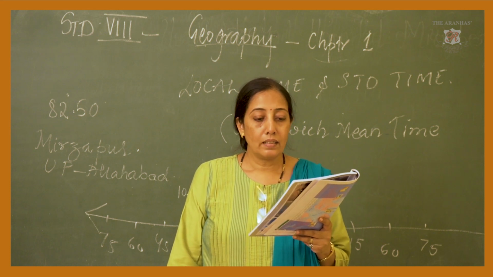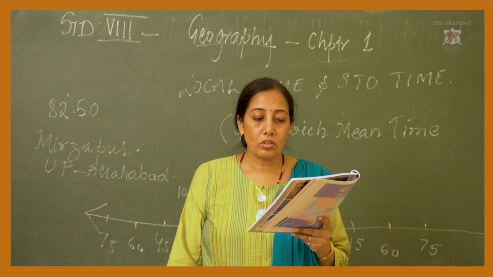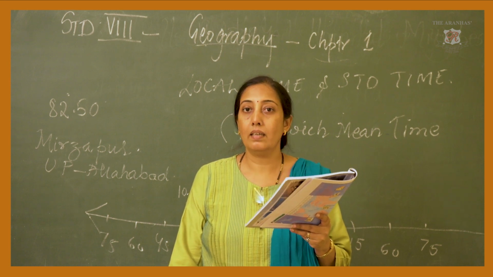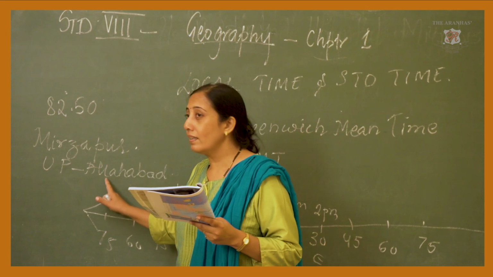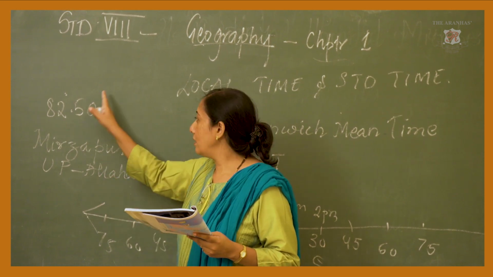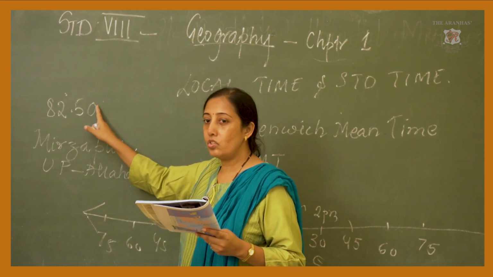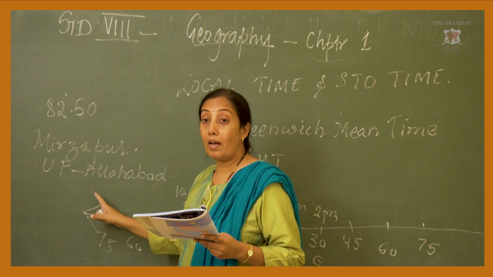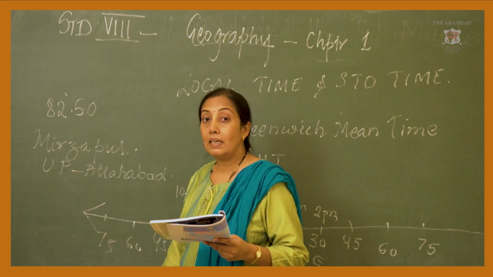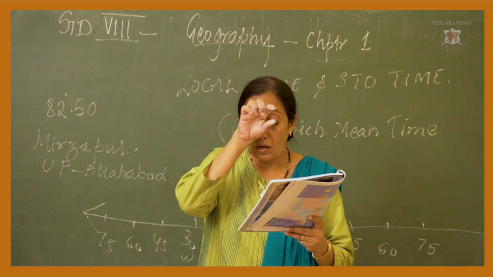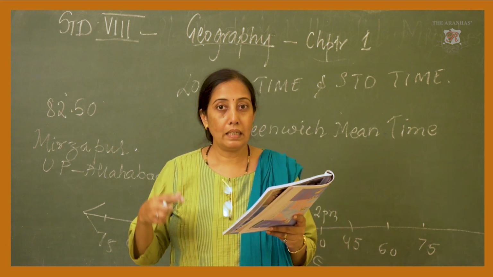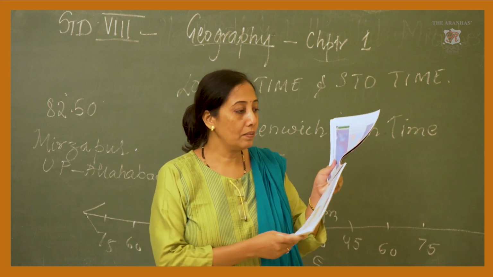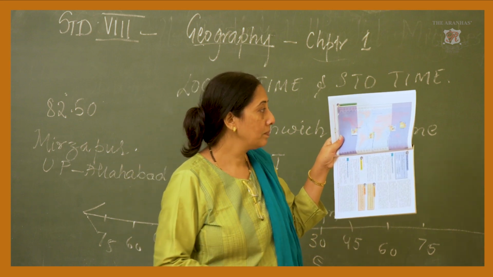Therefore, we consider the local time at the longitude which generally passes through the middle of the country. So in India, the 82°30' longitude which passes through Mirzapur, Allahabad in UP is considered our standard time in India, which is passing exactly through the middle. Now you can see your diagram here.